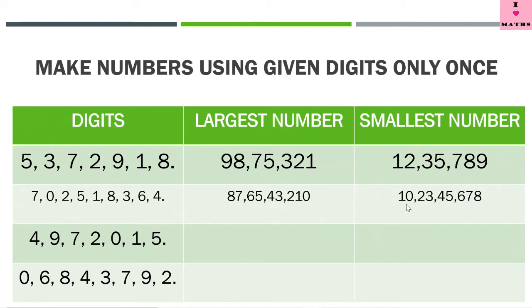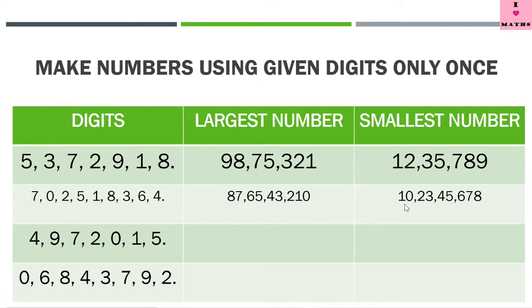Now look at the smallest number. 10 crore 23 lakh 45,678. In this number, children, if this 0 had come at this place, then the number would be 1 crore 23 lakh 45,678 and 0 would have got excluded from the number, which would be wrong.